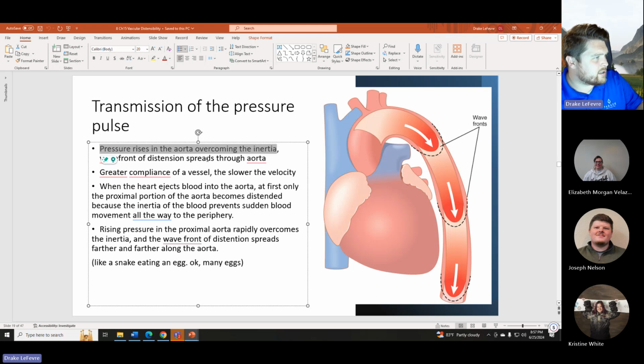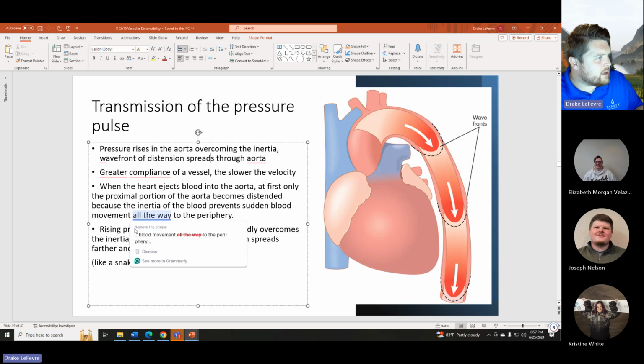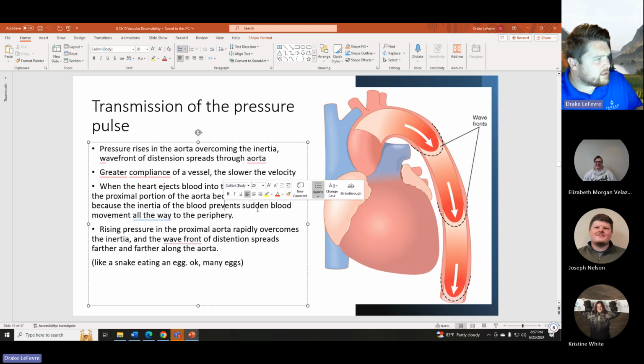The wavefront distension spreads through the aorta. The greater the compliance of a vessel, the slower the velocity. When the heart ejects blood into the aorta, at first only the proximal portion becomes distended, because the inertia of the blood prevents sudden blood movement all the way to the periphery.